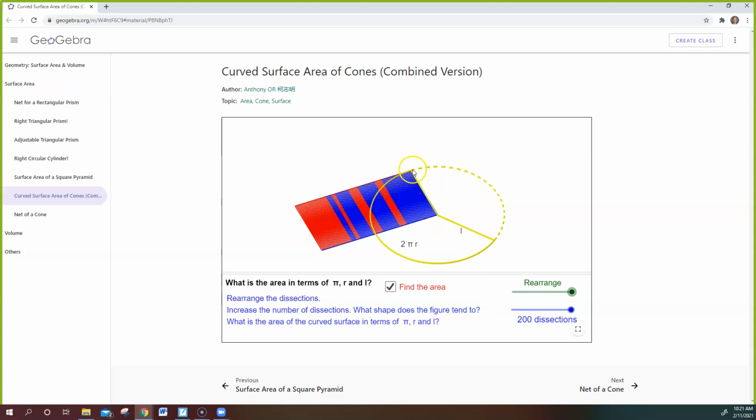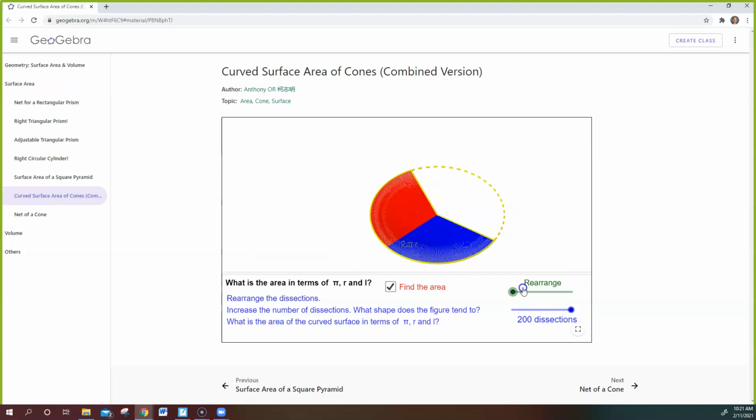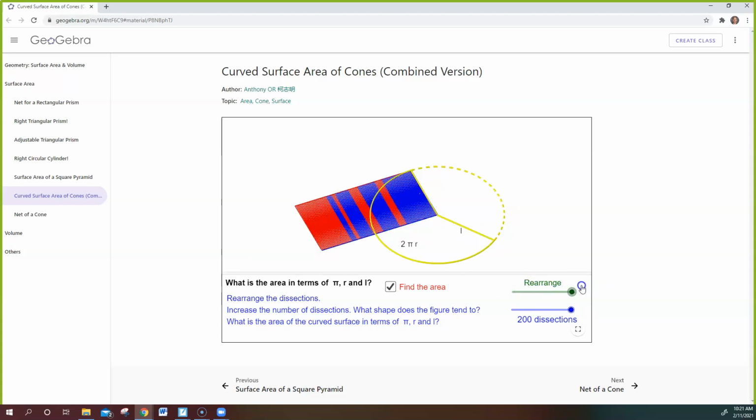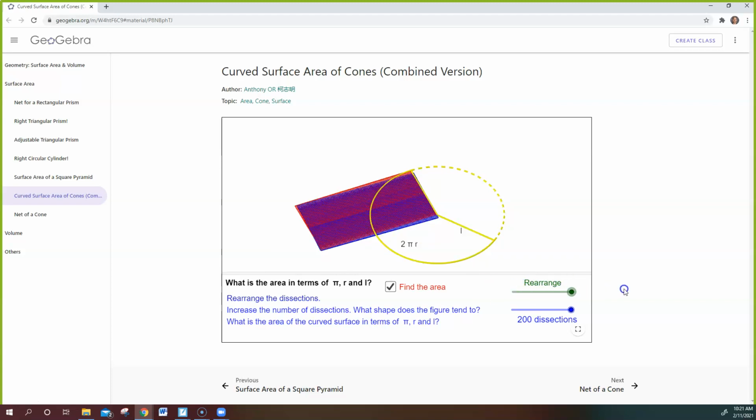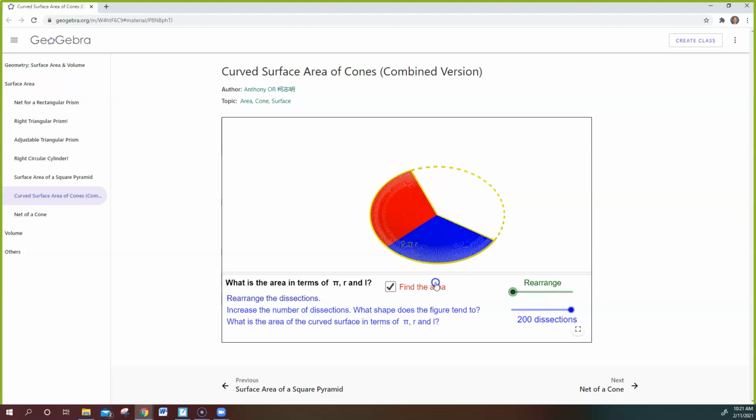Now notice this rectangle is the slant height times the length. Look at where the length comes from. It's half of the circumference. So if I took half of the circumference times the slant height, that would give me the area of this sector.